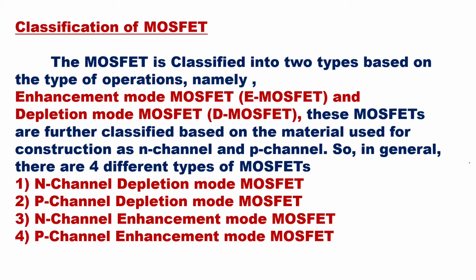These MOSFETs are further classified on the basis of the material used for construction: N channel, where an N type semiconductor is used, or P channel, where a P type semiconductor is used. So in general, there are four types of MOSFETs: N channel depletion mode, P channel depletion mode, N channel enhancement mode, and P channel enhancement mode. So these four we have seen.